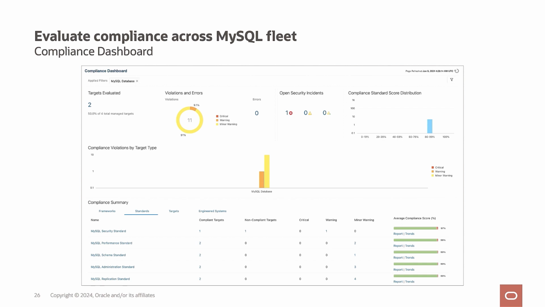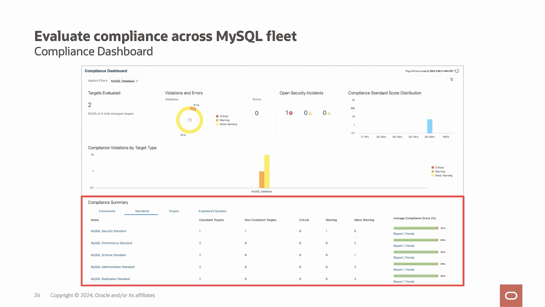From the compliance dashboard, view details such as the number of targets evaluated against the compliance standards, percentage of critical warning and minor warnings, any open security alerts which have drillable links into the Incident Manager console for further triage, the overall distribution of the compliance scores for the standards, and a compliance summary for an overview of the compliant versus non-compliant MySQL targets per standard, which also has drillable links for more information.